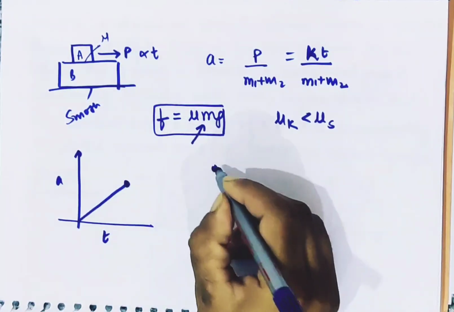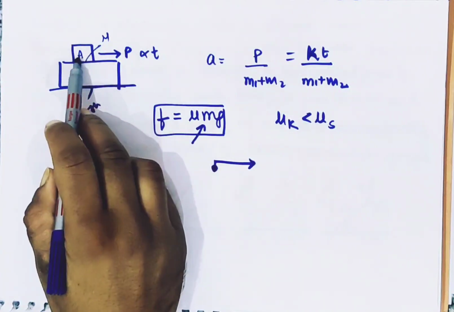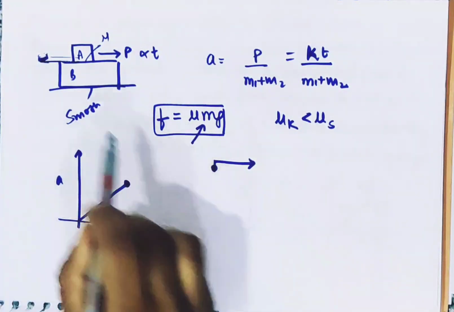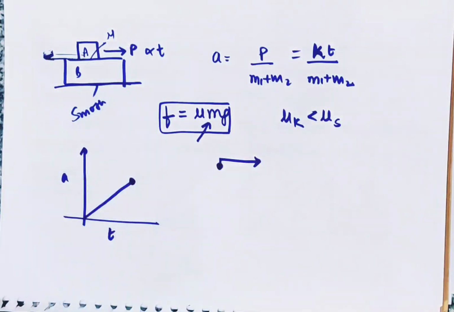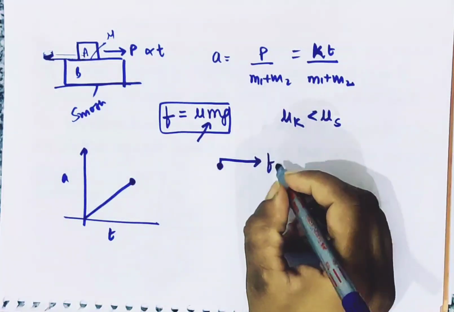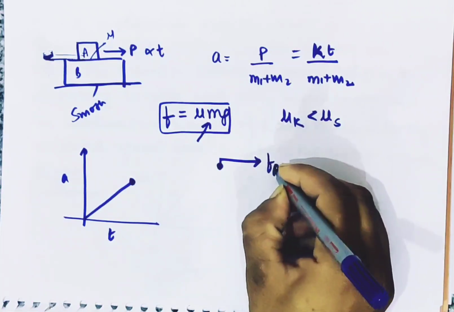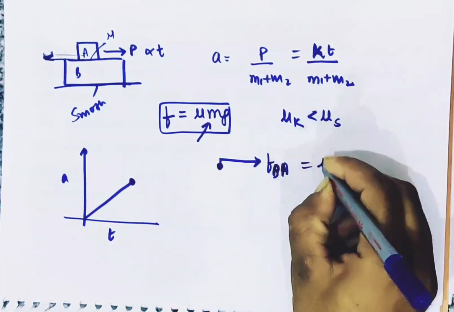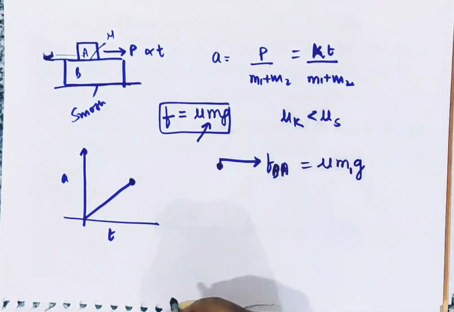After that, the driving force on B is in the forward direction, because on A it's in the backward direction. The same friction acts on B in the forward direction, and there is no resistance from the floor. So the only force acting on B is by A. You can write FBA, and it is not going to increase beyond mu m1g.